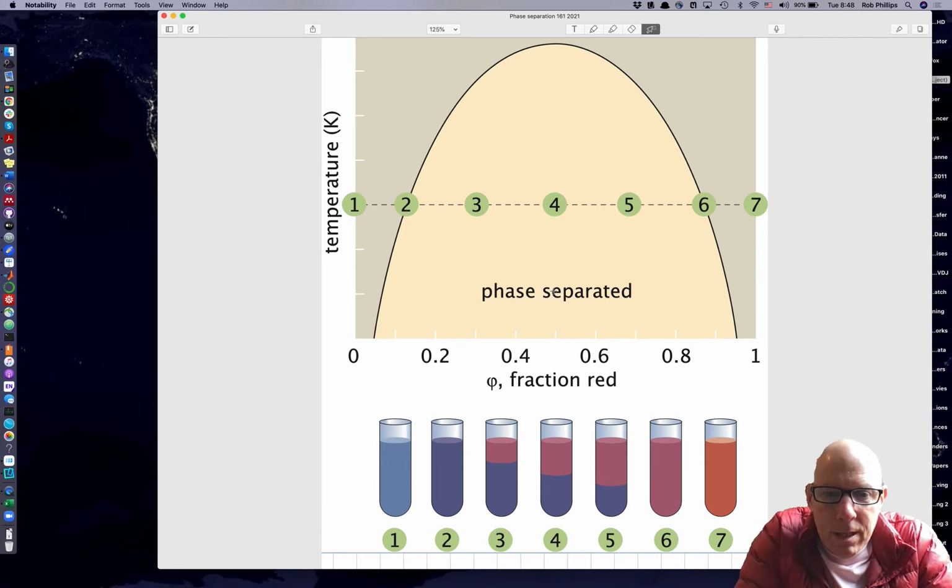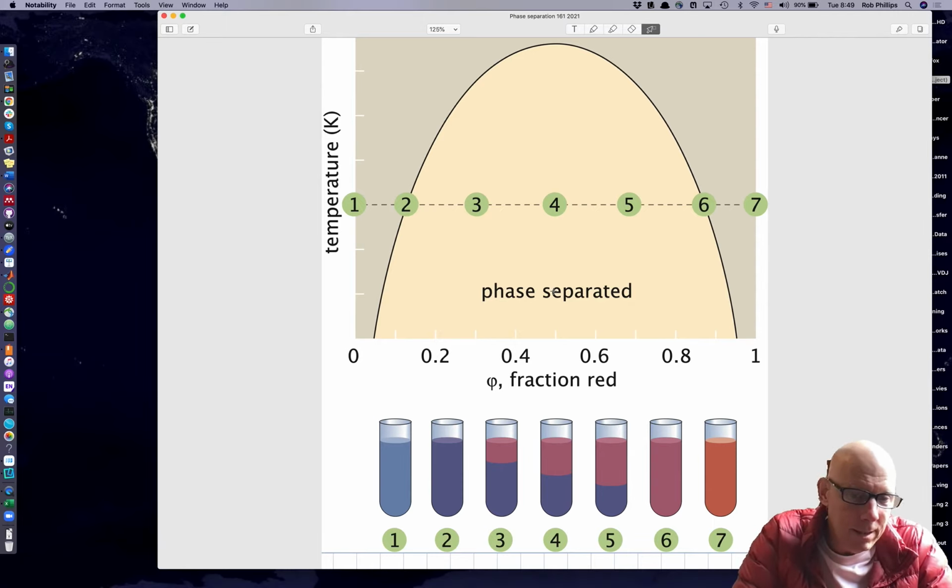And so what you see is that in 1, of course, it's pure blue, and in 7, it's pure red. So phi, which is the fraction red shown on the x-axis, runs between 0 and 1. And that's fine. So point 2 is very special. Point 2 is the terminus of the region in which you have perfect mixing.